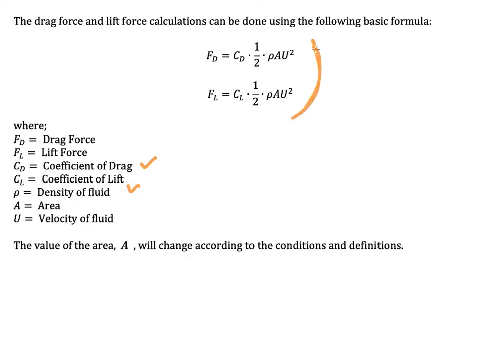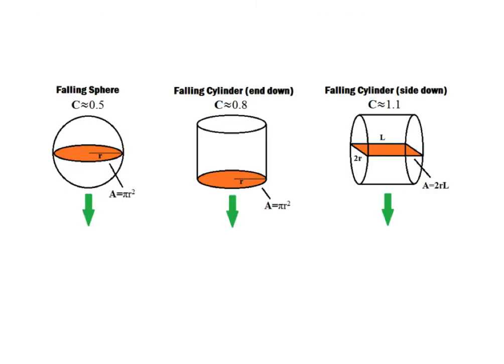So this equation actually can be proved by the idea of similarity. However, we must be very careful with the parameter A here because it changes according to the condition and definition. If you do research on aerofoil or any other objects, you must make sure that you get a correct definition for the area.